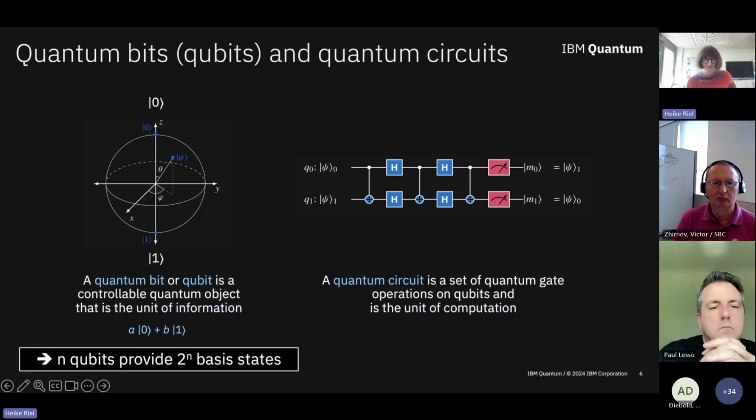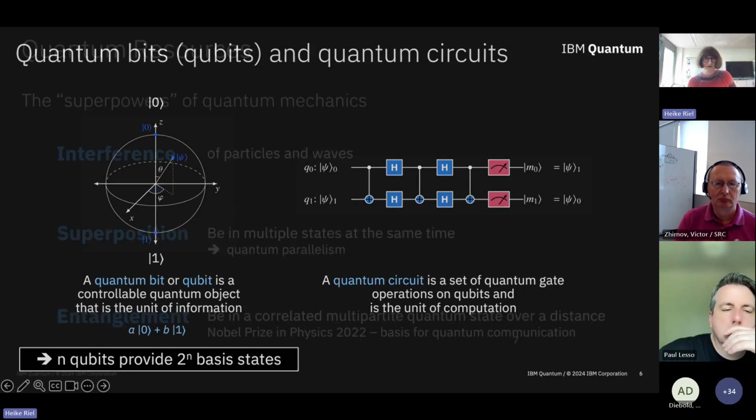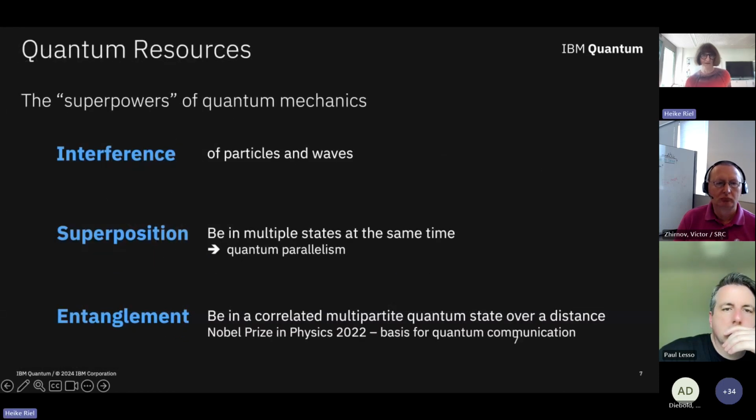What you directly see, of course, is that if you have n qubits, then they provide you with 2 to the power of n basis states. And when we look at the quantum physics we can use here for quantum computing, then we have these so-called superpowers of quantum mechanics, like interference of particles and waves.